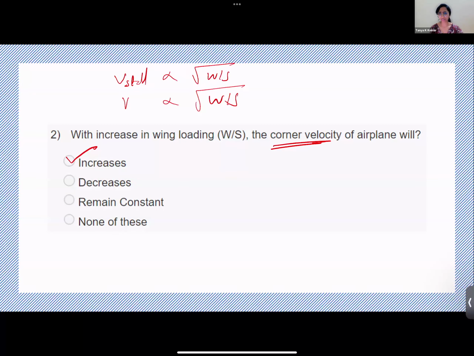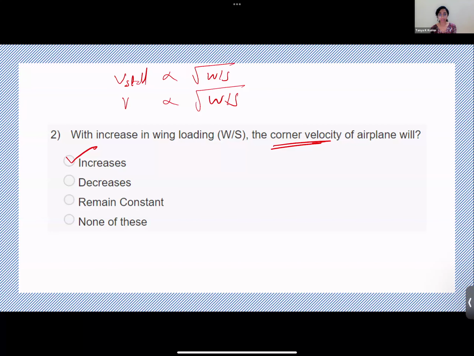What is corner velocity? We did do this in airplane performance. So what is corner velocity? Velocity of maximum load factor, where load factor and CL have maximum value.